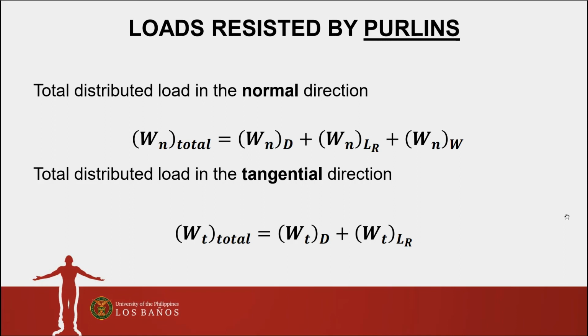So the total distributed load for the tangential direction will be the sum of the tangential component of the roof dead load and the tangential component of the roof live load.